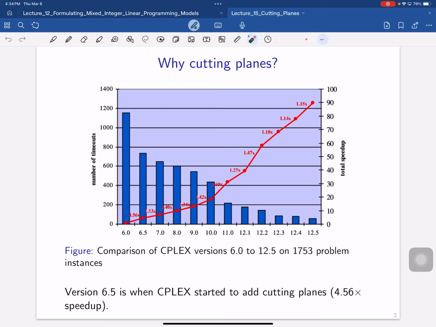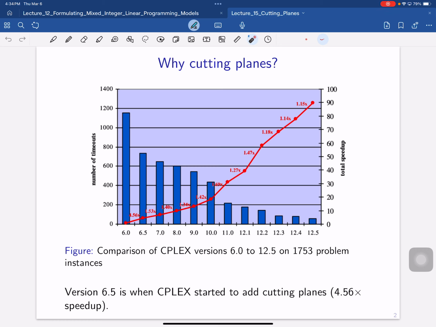Version 6.5 is when Cplex started to add cutting planes, and they got around a 5 times speedup by adding cutting planes. Over the years, as you can see, the solver has improved by quite a lot. On the right-hand side, you see the total speedup from version 6 to version 12.5.